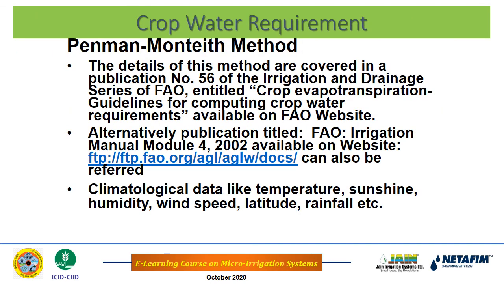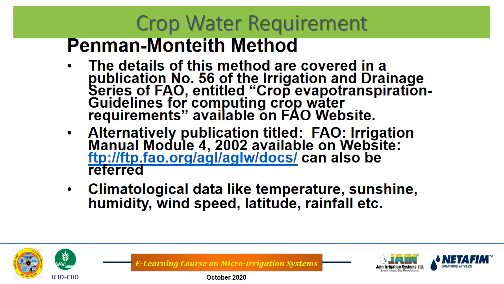Now crop water requirement by the Penman-Monteith method. The details of these methods are covered in publication number 56 of the Irrigation and Drainage series of FAO, entitled Crop Evapotranspiration. Guidelines for computing crop water requirements are available on the FAO website.